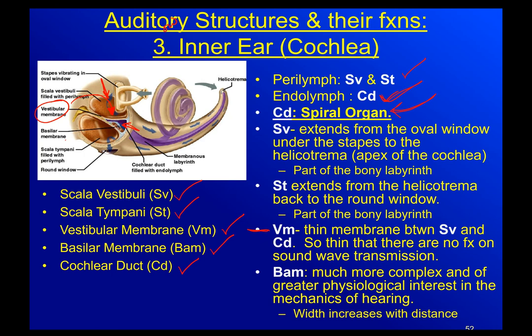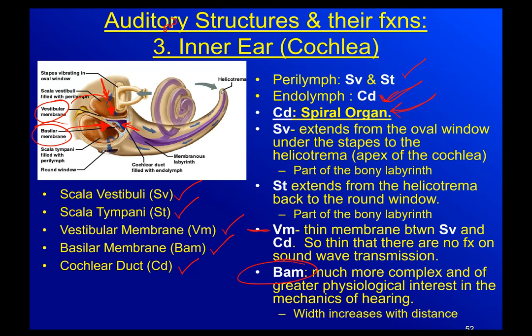Literally, the waves created in that fluid are just carried through because that membrane is so teeny tiny and thin. The basilar membrane is a lot more complex, and as far as our ability to hear, it's more physiologically interesting because the mechanics of hearing are all happening in this basilar membrane right here.